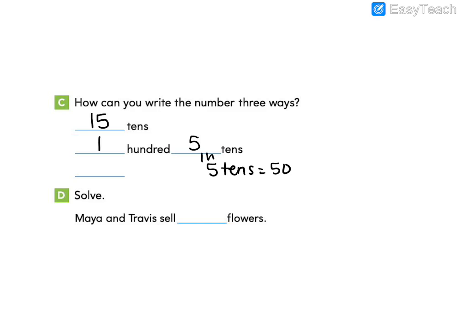So if we know we have 100, plus 5 tens, which is equal to 50, we have 150 ones. So how many flowers do Maya and Travis sell? They sell a total of 150 flowers.